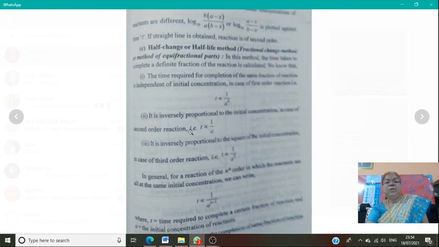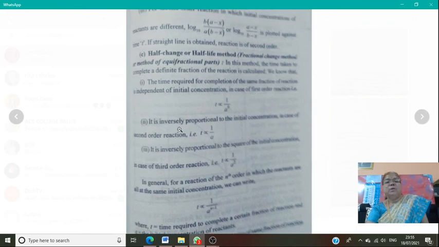Then in case of second order reaction, half-life time or time taken to complete any fraction of the reaction is inversely proportional to the initial concentration.